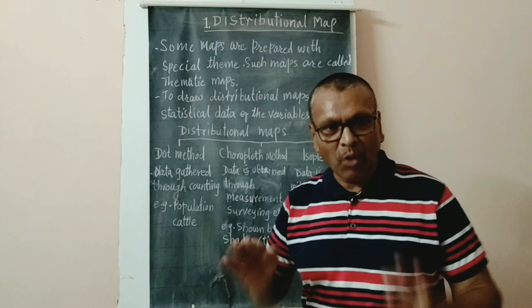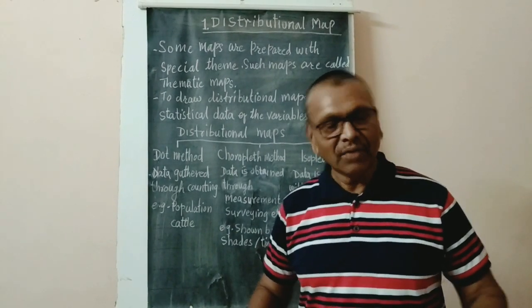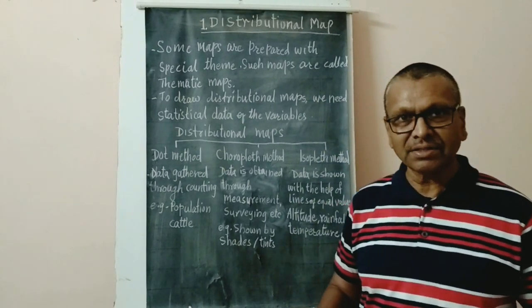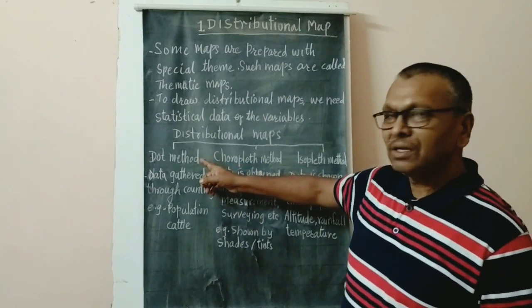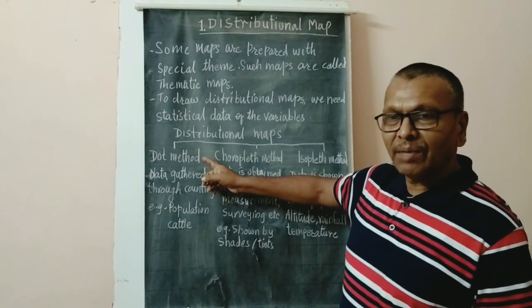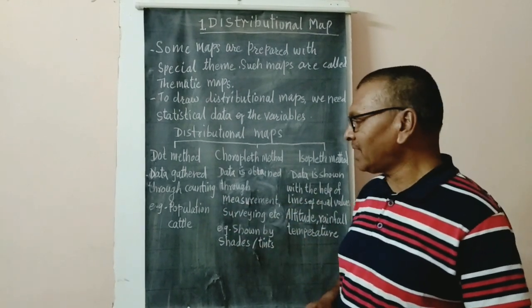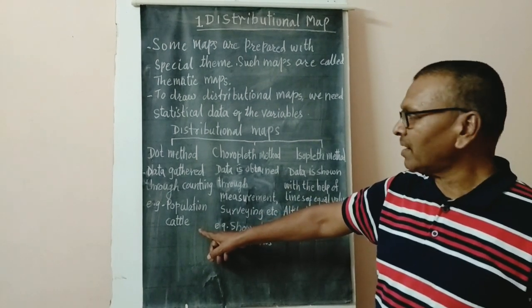For example, population, we can count the people. For example, cattle, we can count the number of cattle. Lions, we can count the lions. So in the dot method, the variables are counted and the data is collected. So example, population, cattle, etc.